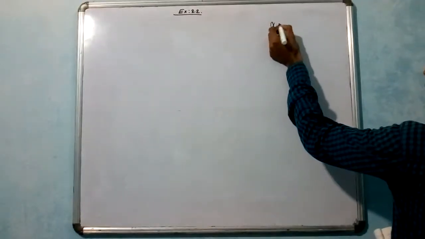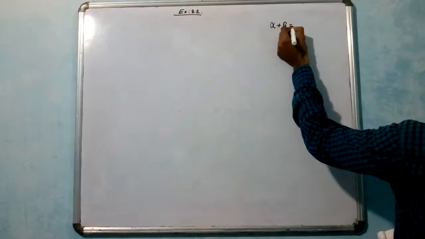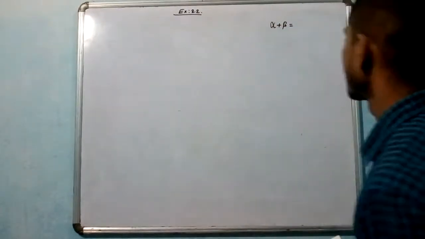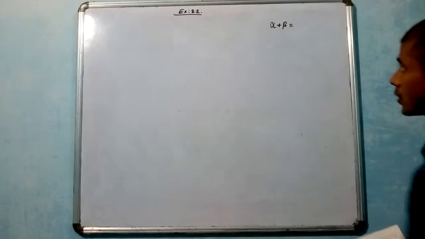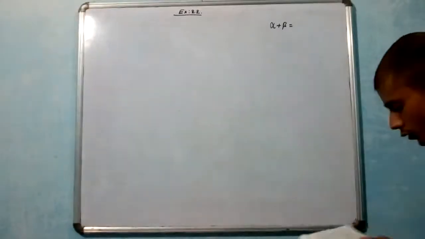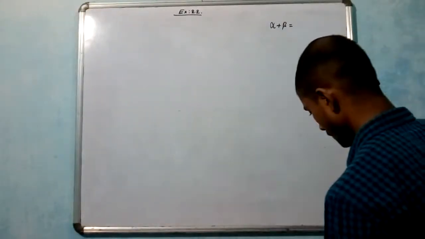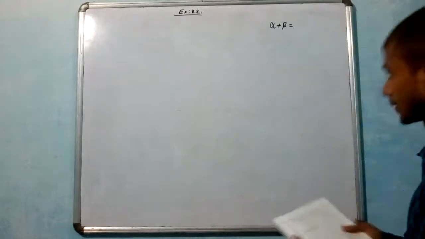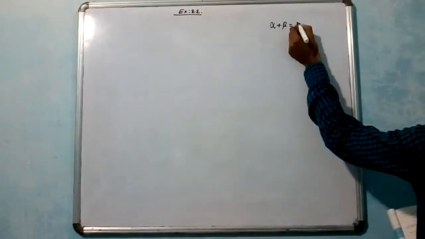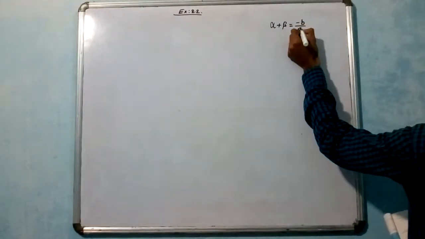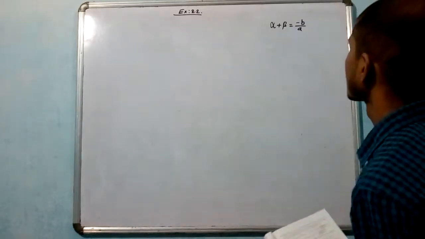If alpha and beta are the two zeros of the quadratic polynomial, then alpha plus beta was equal to how much? Minus b by a. Yes. Okay.